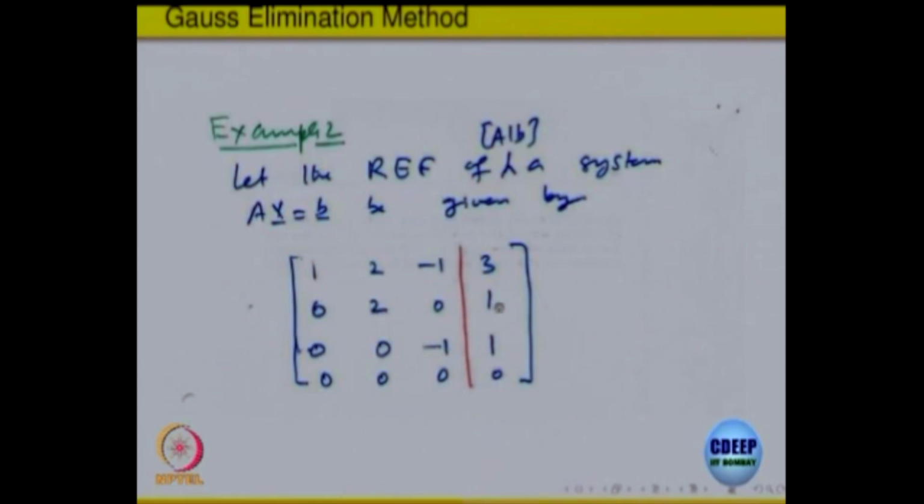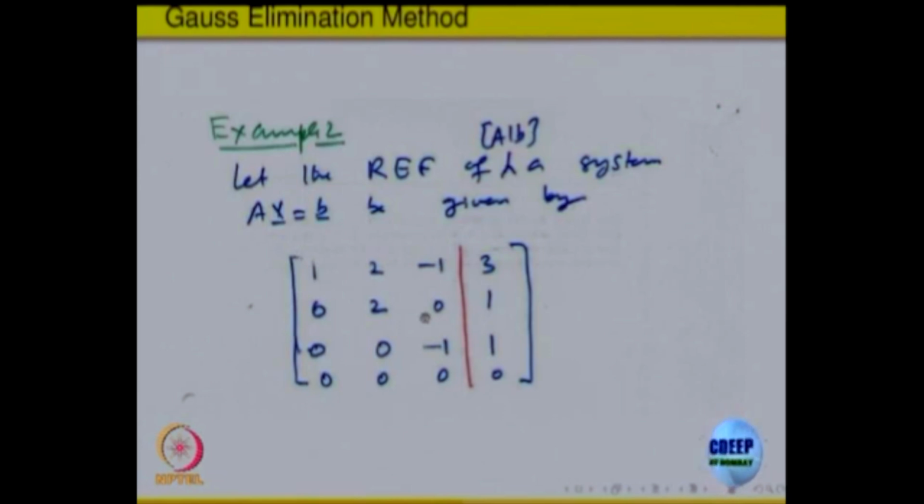So, x2 is known. From the first equation, x1 plus 2x2 minus x3 equal to 3, but those two are already known. Put those values here backwards, you get x1.